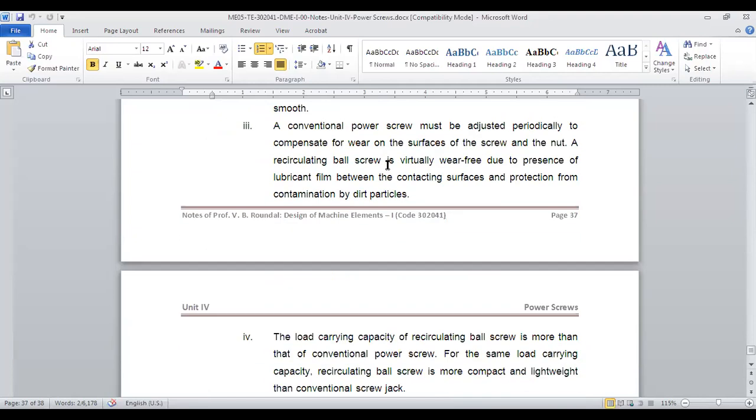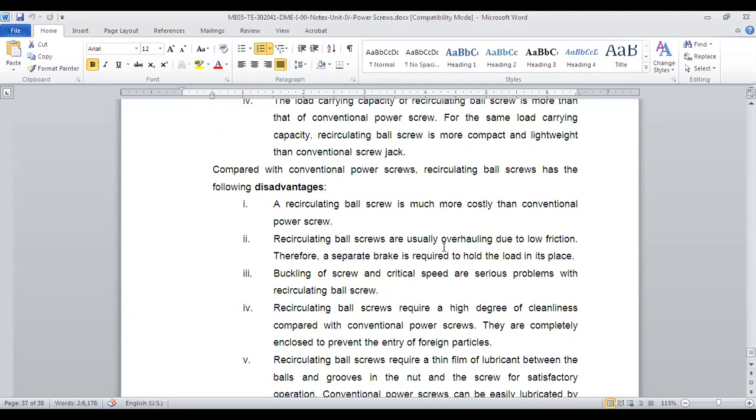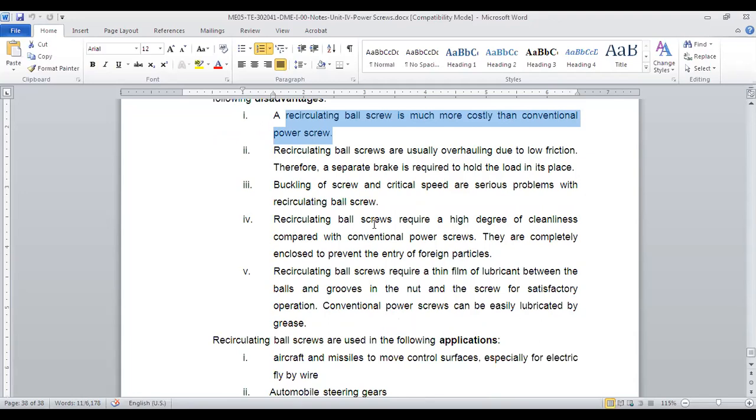In normal screws we have to adjust for wear and tear now and then. In these screws we don't need to, and they have large load carrying capacity. As for the disadvantages, as I said, the biggest is that they are costly to manufacture. Another is that they are prone to buckling.